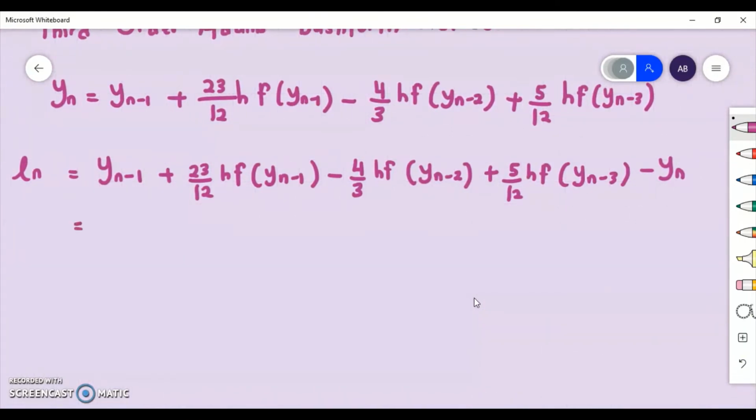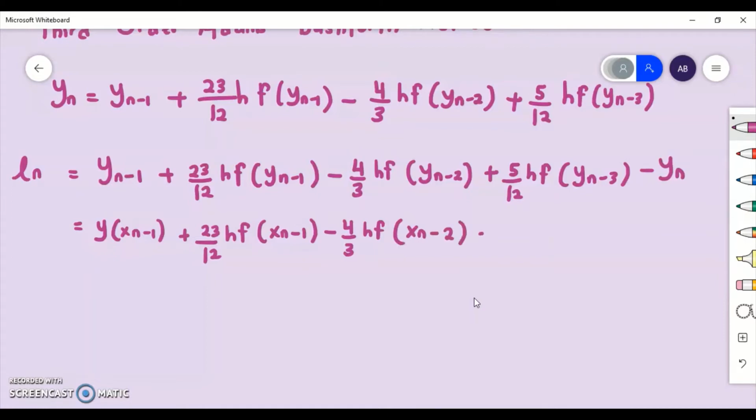So I can write this as y at xn minus 1 plus 23 over 12 h f of xn minus 1 minus 4 over 3 h f of xn minus 2 plus 5 over 12 h f of xn minus 3 minus y of xn. So I can still write it in terms of xn.